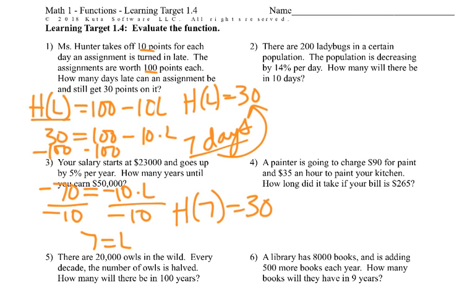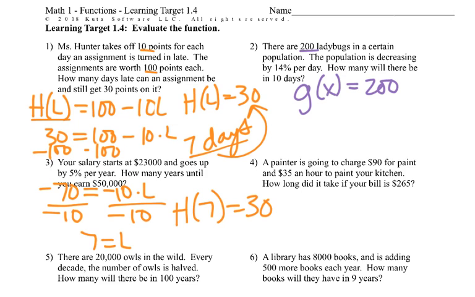Okay, so let's take a look at number 2, give you another example. There are 200 ladybugs in a certain population. The population is decreasing by 14% per day. How many will there be in 10 days? So let's make this a g of x equals, we start with 200 ladybugs. Now, we're dealing with a percent, which generally means it's exponential.